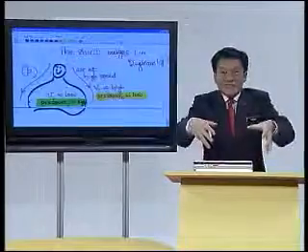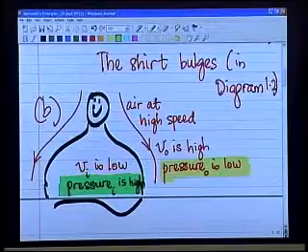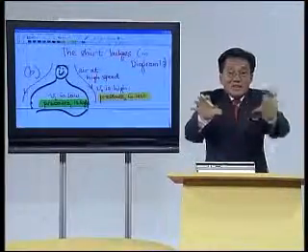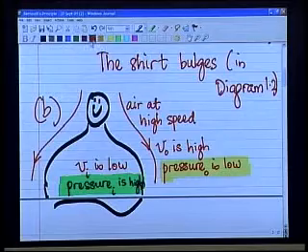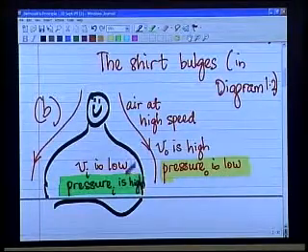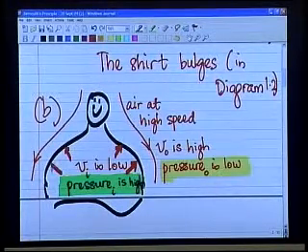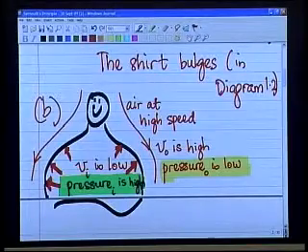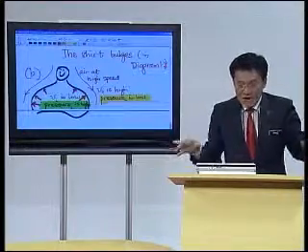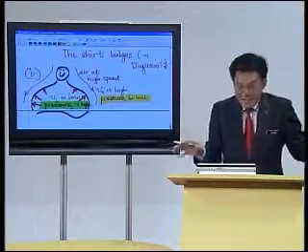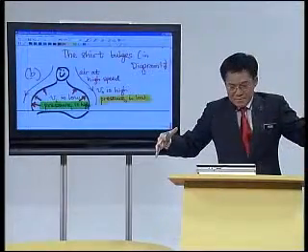And because of a difference in the two values of the pressure, there is a net pressure pushing the shirt out. You see the point? Because the pressure inside is bigger than the pressure outside, therefore it pushes it out. And this explains why the shirt bulges.